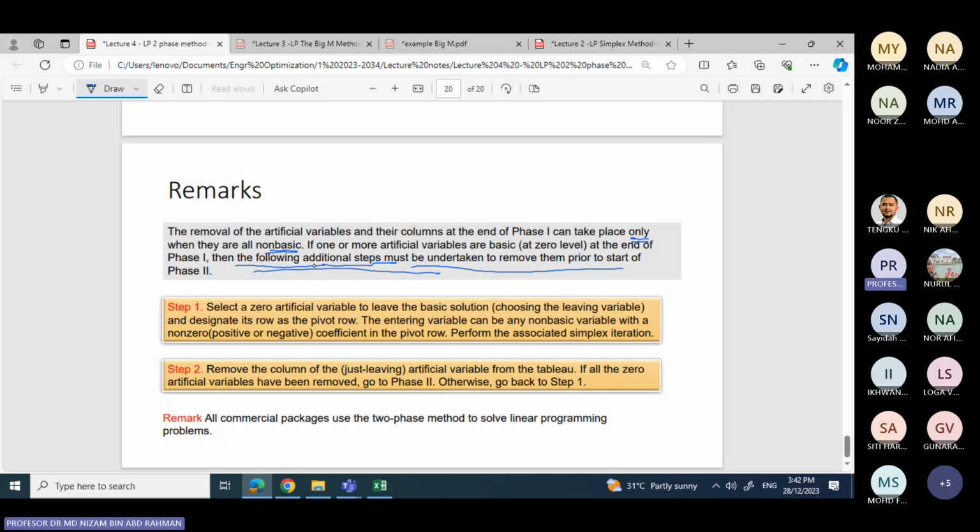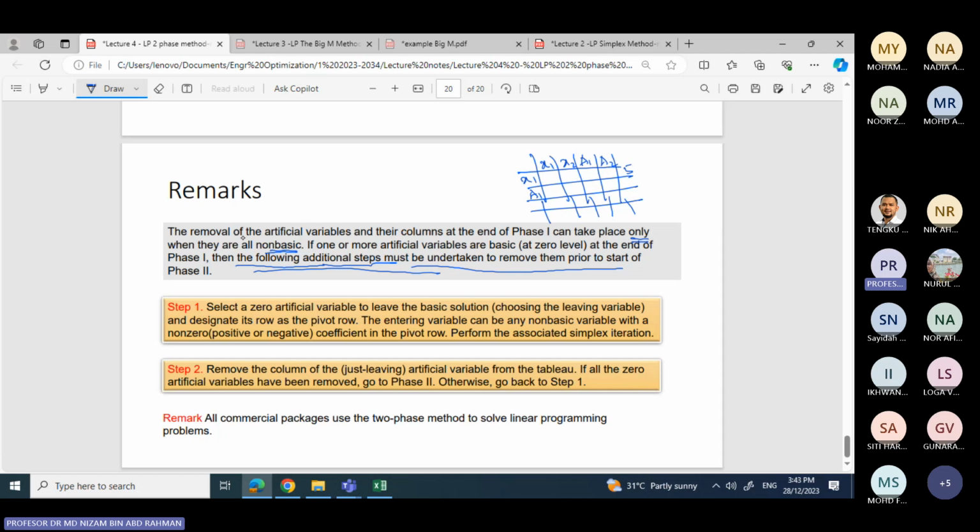So remember, let's say at the end of phase 1, I'm simplifying this. Let's say you have two artificial variables. So you have x1, x2, a1, and a2. Right? And then your final solution is x1 and a1. Right? X1 is 5.